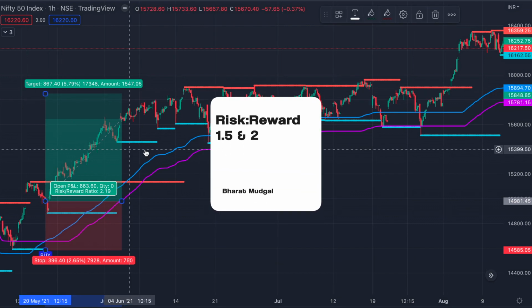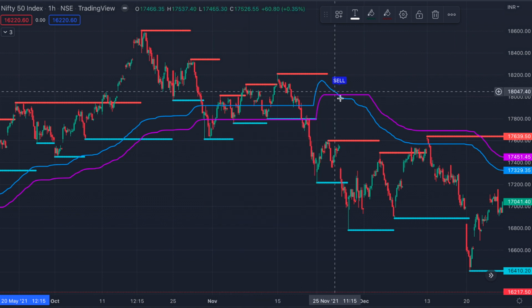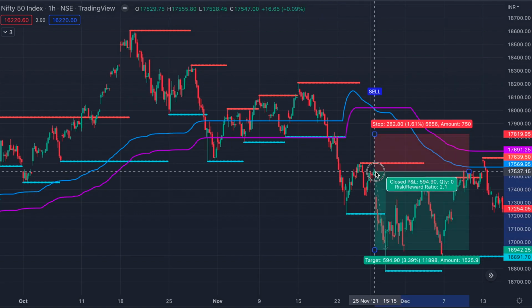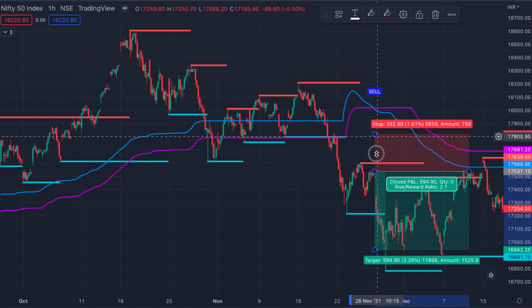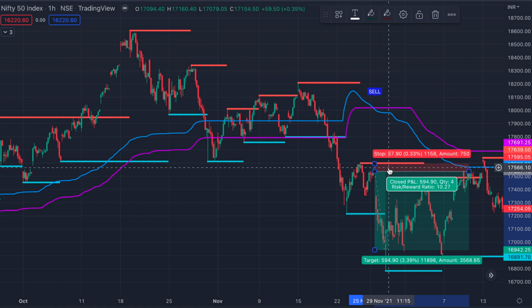Now let's take a look at the sell signal. Okay, we got a sell signal right here. This is the sell signal over here, this level over here. Our stop loss is this red line.